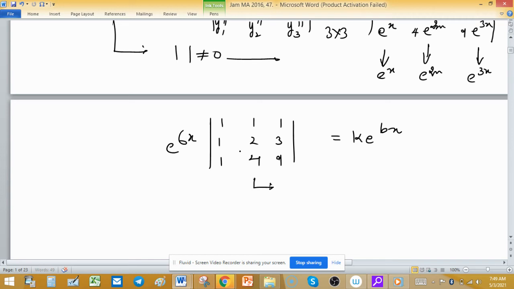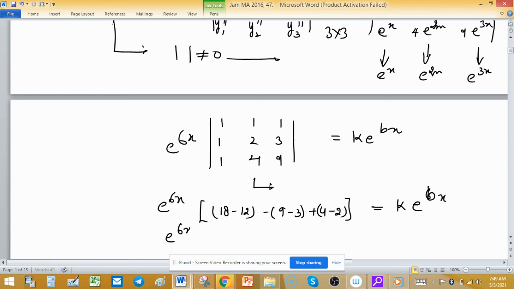So we expand this determinant: e^(6x) times (18 minus 12 minus 9 minus 3 plus 4 minus 2), equal to k e^(bx). Now we have e^(6x), and 18 minus 12 is 6, minus 6 plus 2, the rest cancels out, so this is 2 e^(6x), and this is equal to k e^(bx).